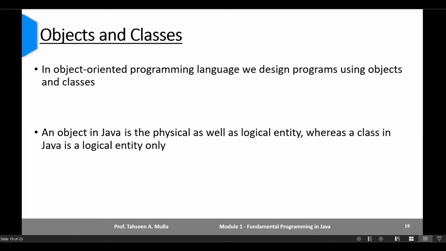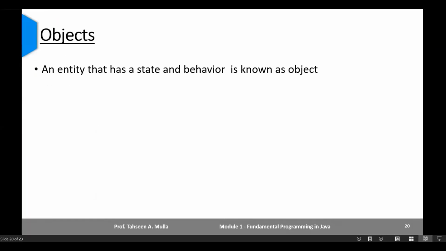So treat object as a physical as well as logical entity and class as only logical entity. You'll get to know when you start writing your programs in Java why we have defined object as physical as well as logical and why class as only logical.